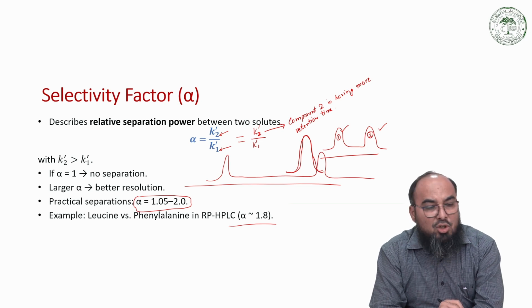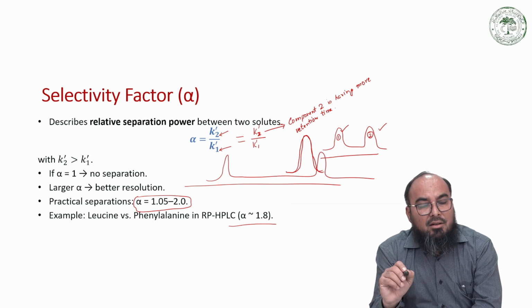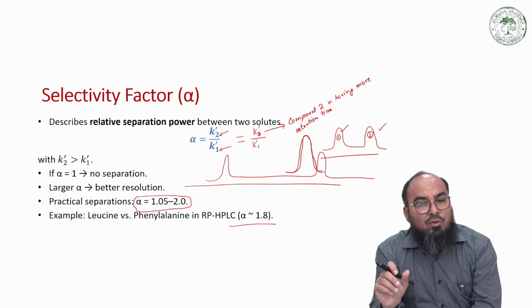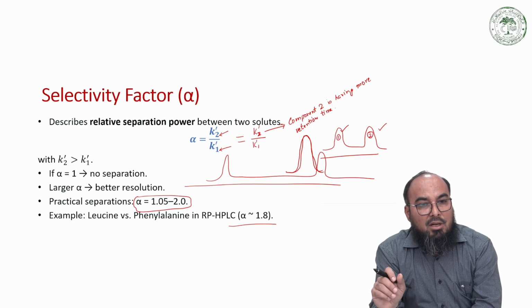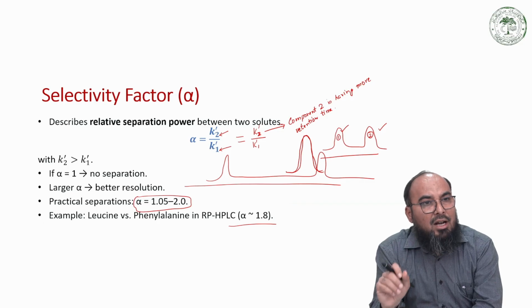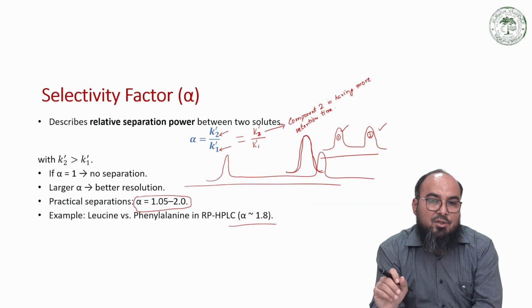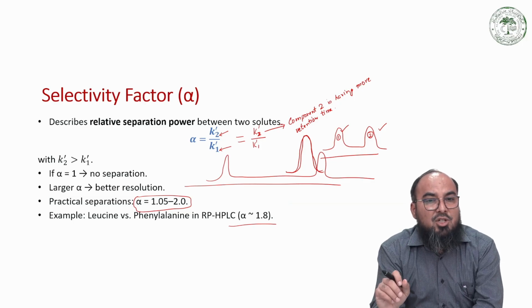So always you have that range, 1.05 to 2. That is the ideal range. If it is 1, then you have an overlapping peak. If it is greater than 1, then it's fine, but it must not be greater than 2. So that gives you the relative separation.